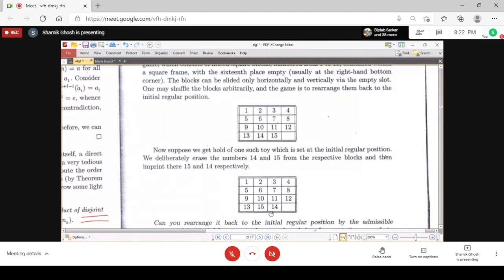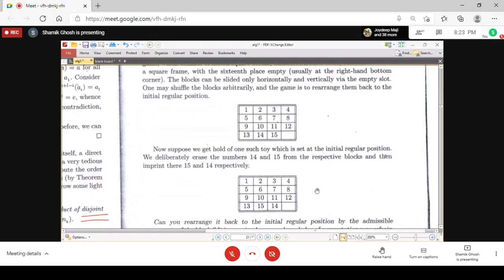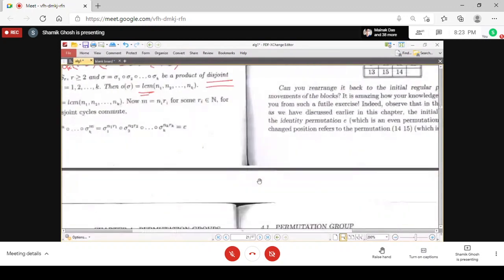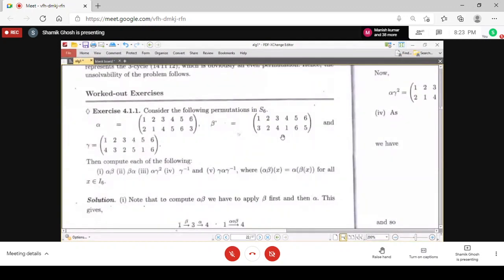The way you can change 14 here and then 11 here, then shift 12 and 14 again, the number of operations you do will always lead to an even permutation. And a product of even permutations can never produce an odd permutation. That is why this is impossible. So this is explained here, and all these things are here.